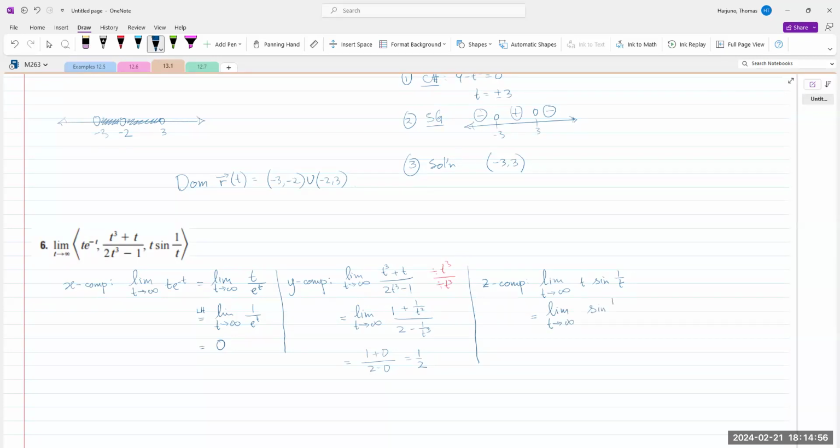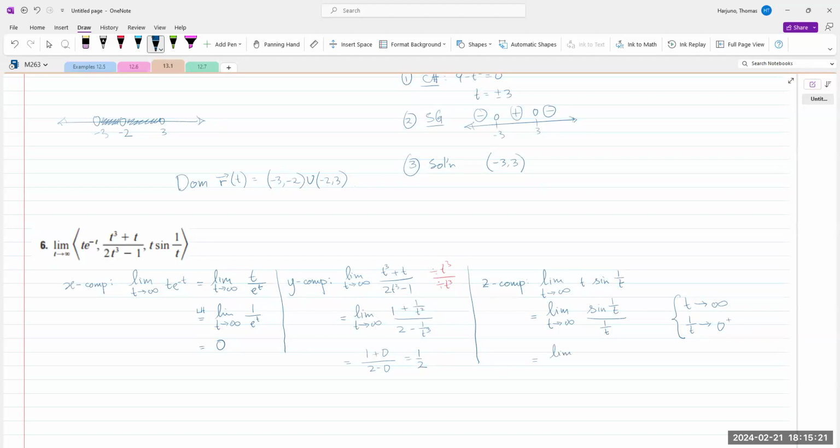Sine 1 over t over 1 over t, right? But as t goes to infinity, then 1 over t goes to what? Goes to 0 from the right hand side, right? In other words, I can now change this limit.